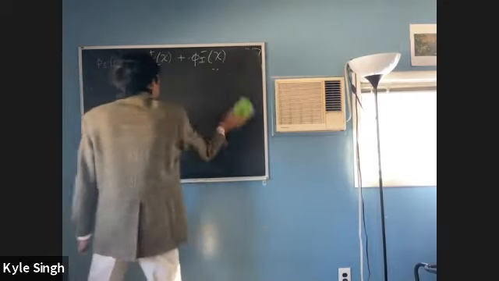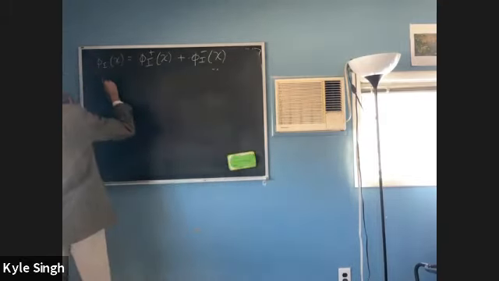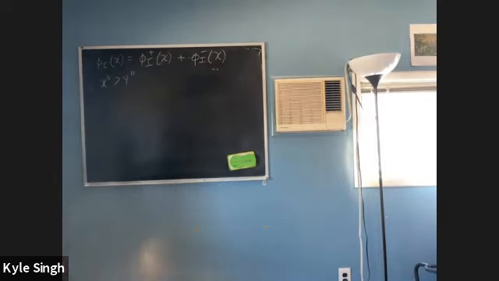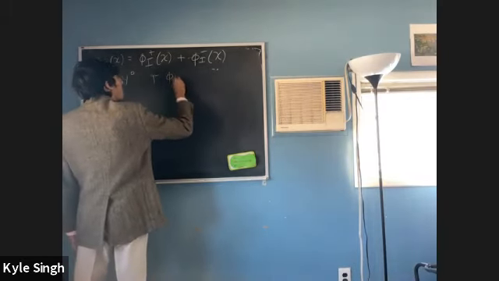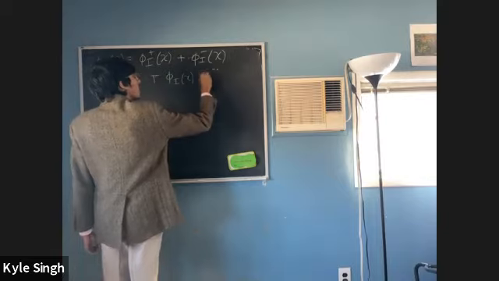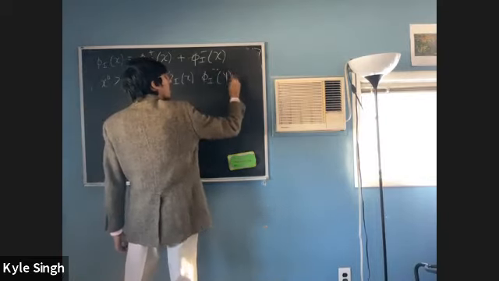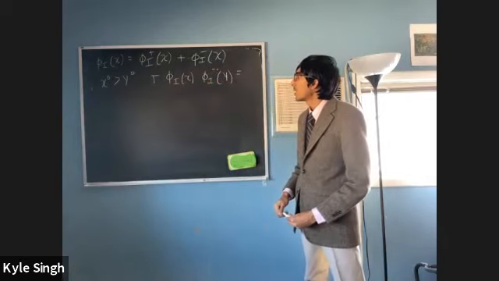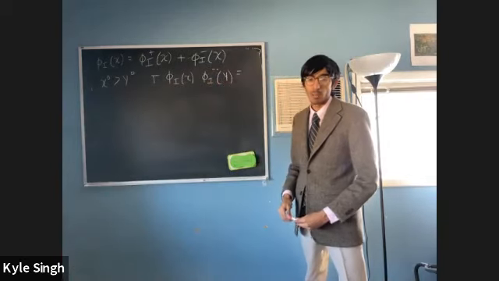Okay, so now in this nomenclature, let's consider something where x0 is greater than y0, and let's consider the time-ordered product of phi I of x and phi I of y. How would I write out all the combinations of phi I of x and phi I of y?